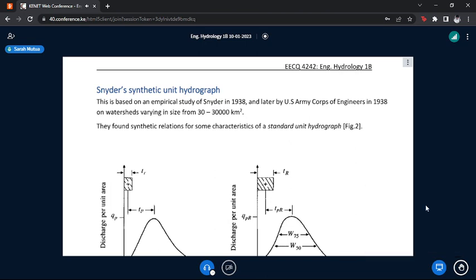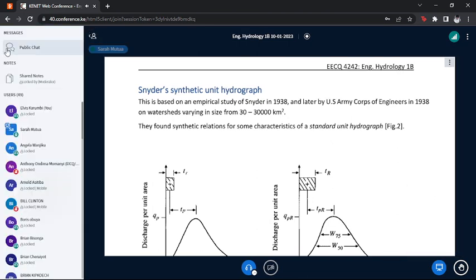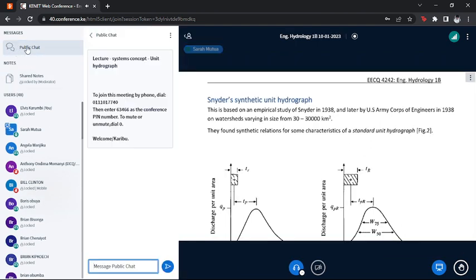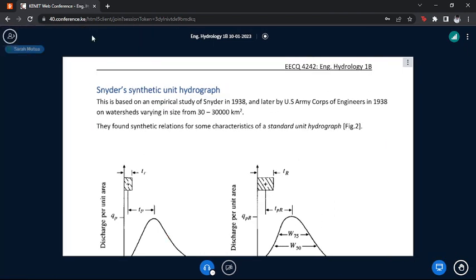So we have Brian Bisonga, John Macharia, Shibega Gilbert, Victor Kangor.